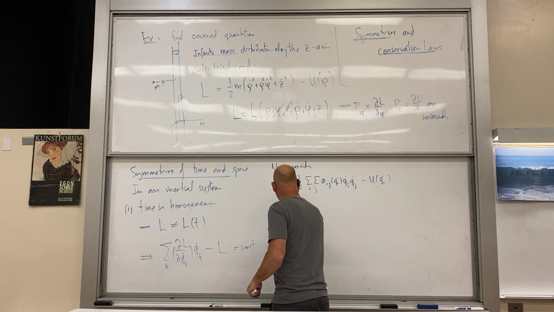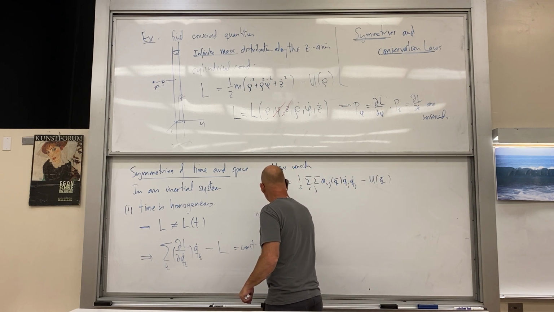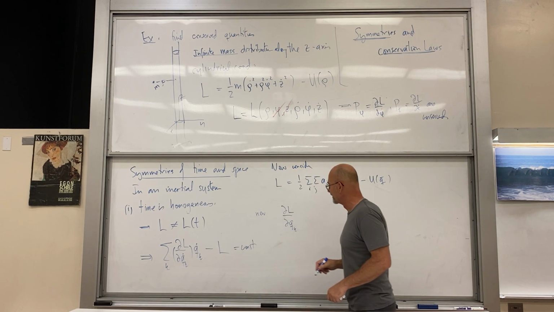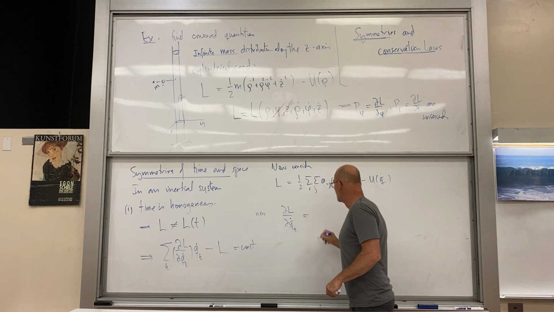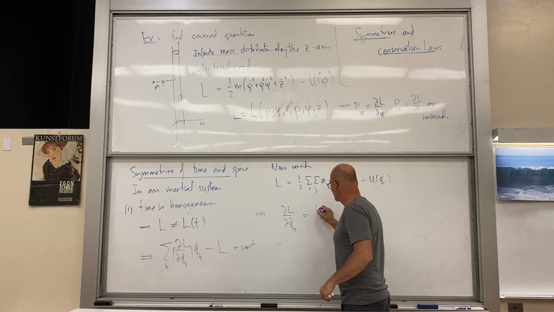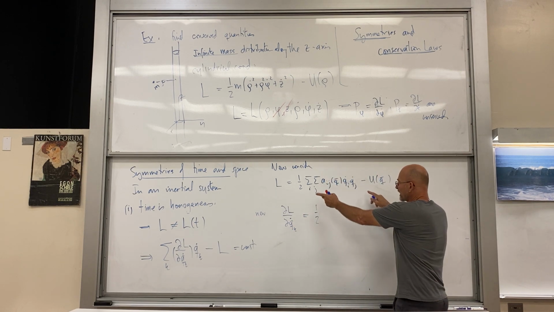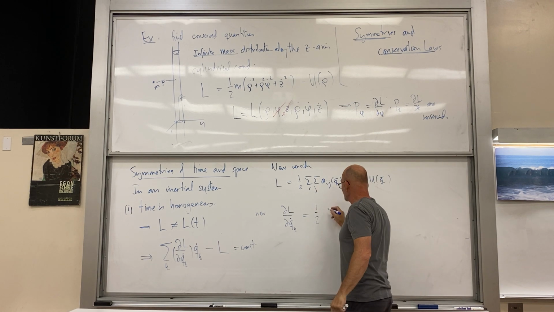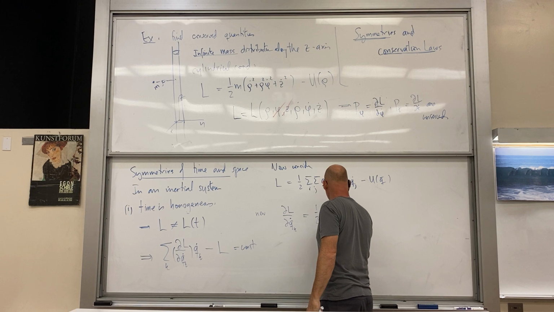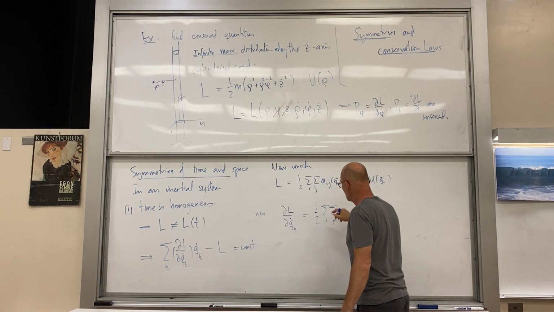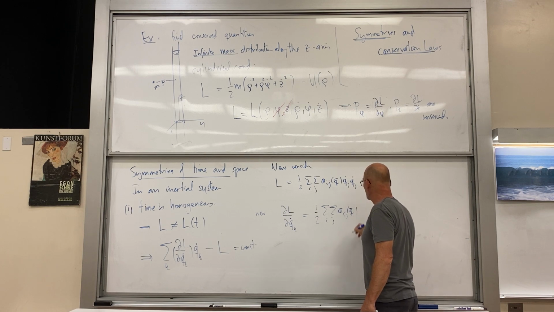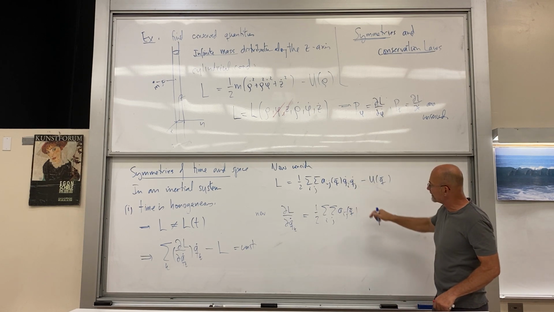So first, ∂L/∂q_k dot is 1/2. We're only going to be working on the double sum, since there are no q dots in U. We'll go through the double sum with a_ij of q, but we have to deal with these q dots.